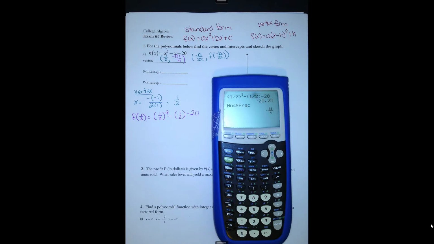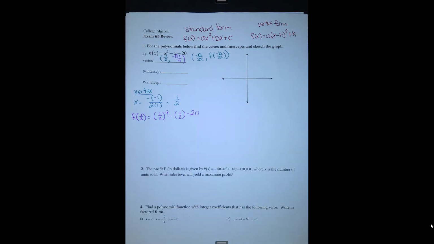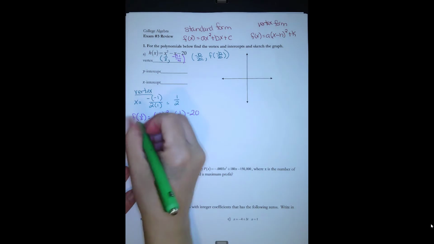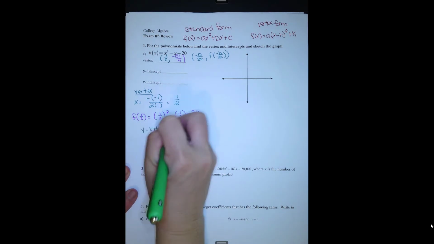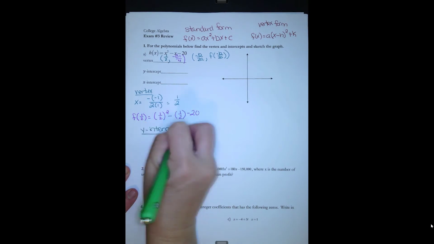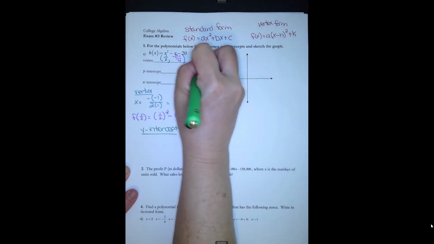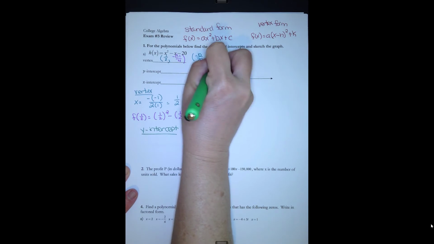Then we're going to find our x-intercept and our y-intercept. I'm going to find our y-intercept first because it's a little bit easier. If we remember with our y-intercept, the x value is 0.